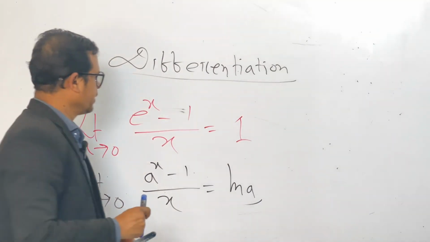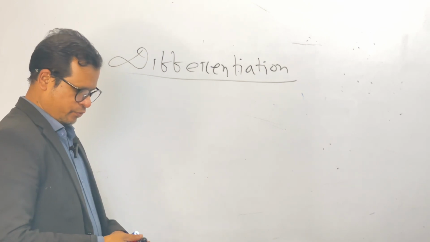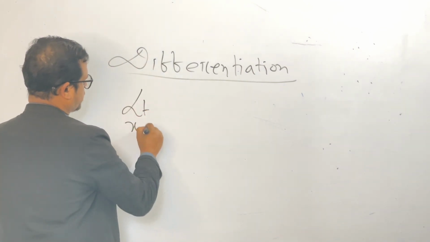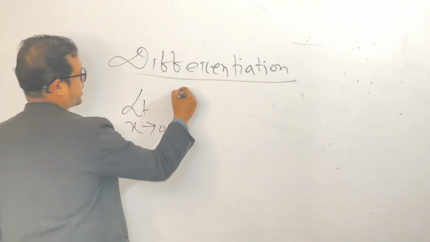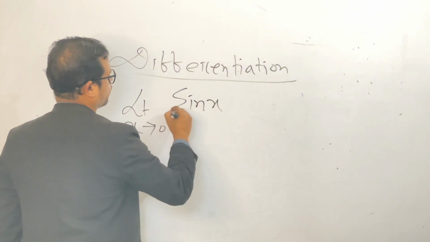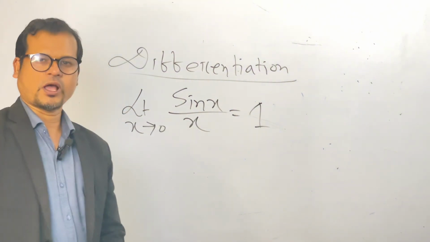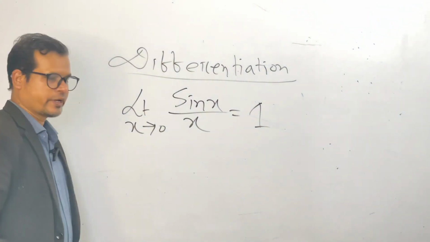Another formula I will show you is how we can prove this. Just now I said limit x tends to 0, sin x over x equals 1. How can we prove this?